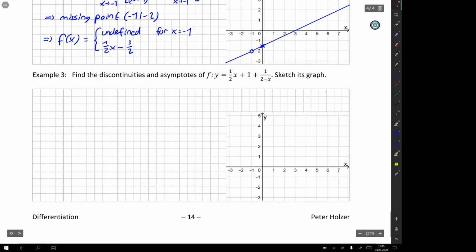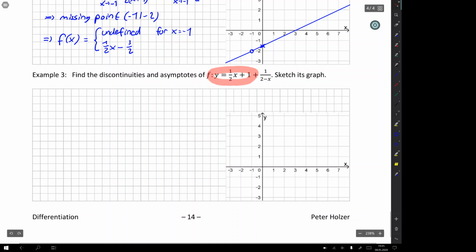Example 3, let us find the discontinuities and asymptotes of this function here. And let us start with the limits, the behavior at infinity. So are there horizontal or vertical asymptotes or slant asymptotes? Well, when we look at this expression, we see when x goes to infinity, this part here will go to 0.